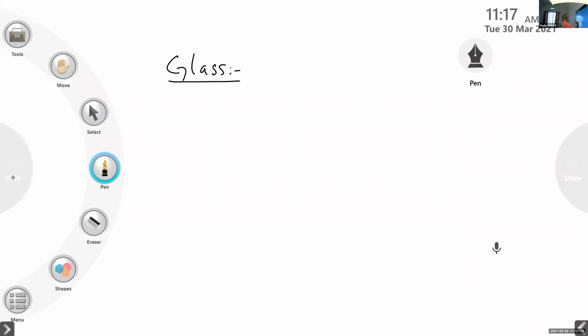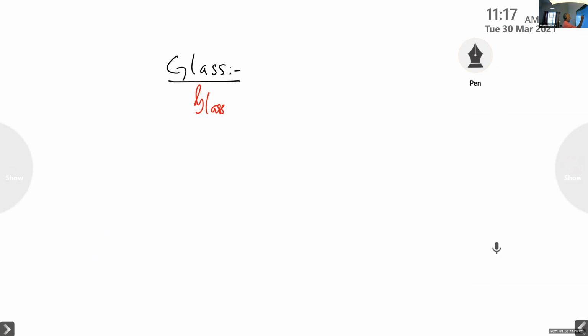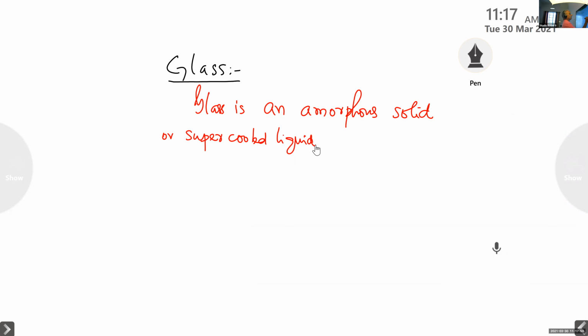Glass is an amorphous solid or supercooled liquid, comma, with a flow property.